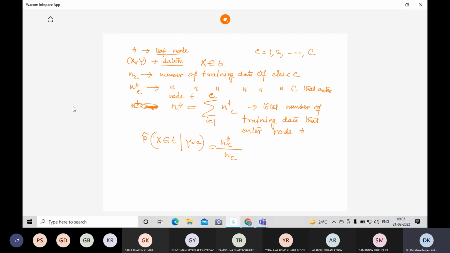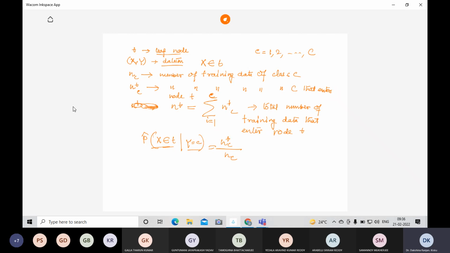You need to understand that using these three parameters, NTC, NC and NT, we can estimate the probability of some data that enters the leaf node T. Here the class information is given to us, and we need to estimate the probability of the data that enters the leaf node T. That is why we write p cap of X belongs to T given Y equals small c, and this probability is given by NTC divided by NC.